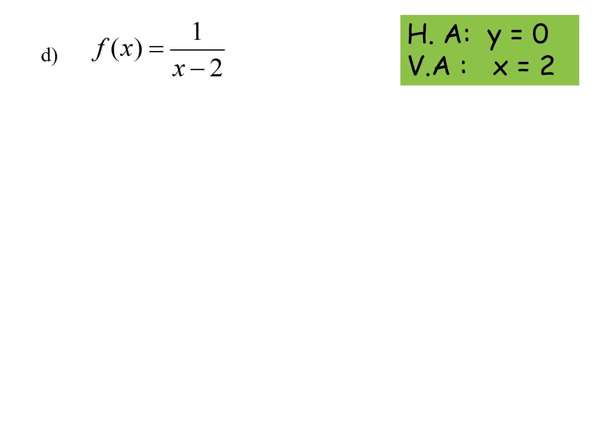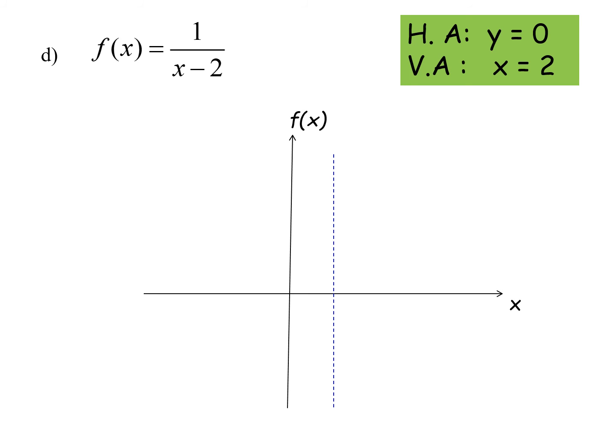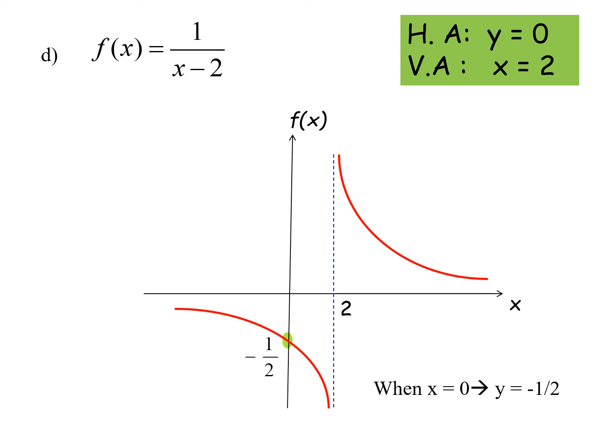So the x-axis is the horizontal asymptote and the vertical line x equals 2 is the vertical asymptote. For x positive, the upper branch starts on the right-hand side, and the lower one is on the left-hand side. So this is the graph of f(x) equals 1 over x minus 2.